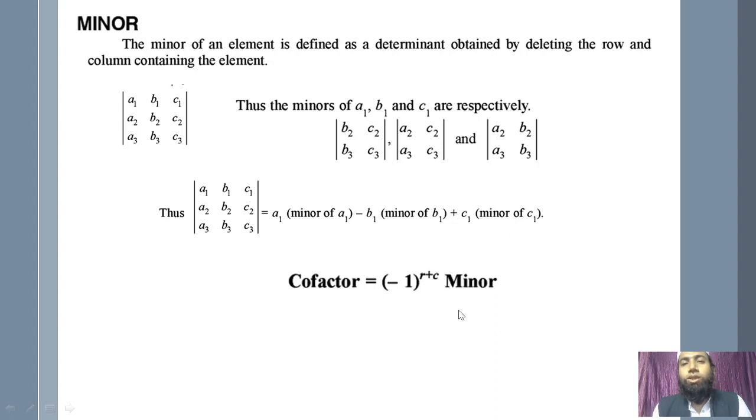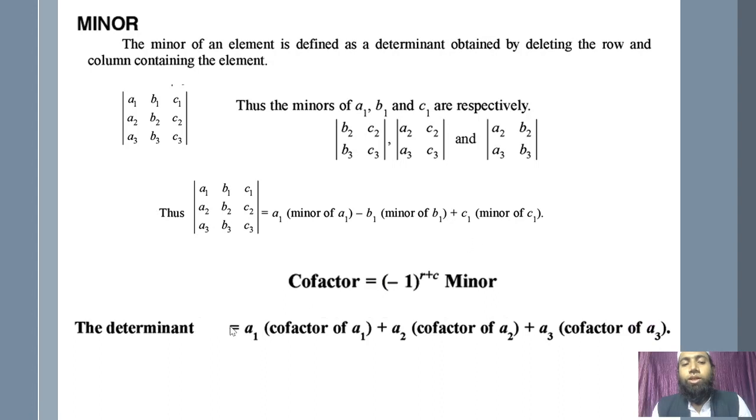So in this way, if we know how to calculate the minor, we can easily calculate the value of the cofactor. Now determinant of any matrix you can easily calculate with the help of cofactor also. Just multiply the element by its cofactor, but keep in mind यहाँ पे सब जगह addition रहेगा.